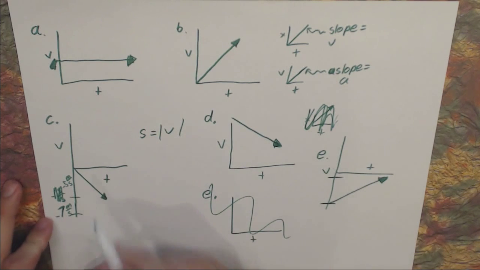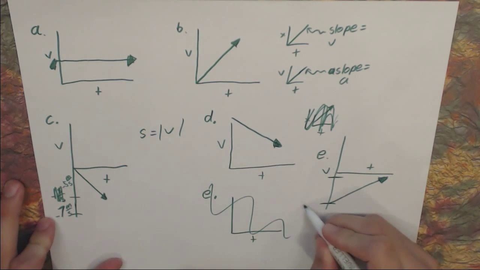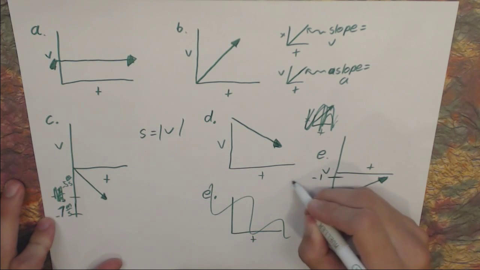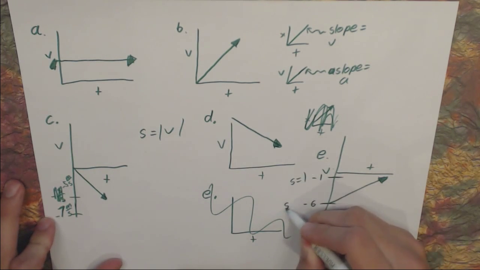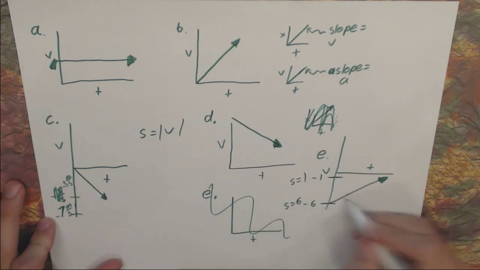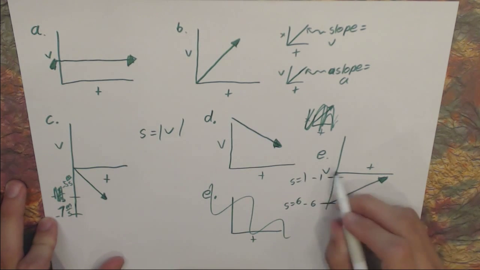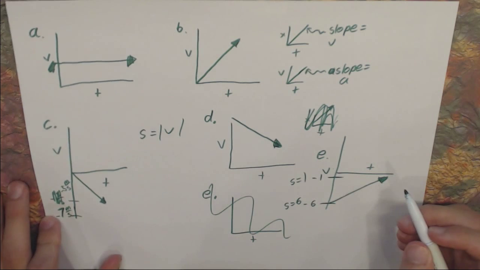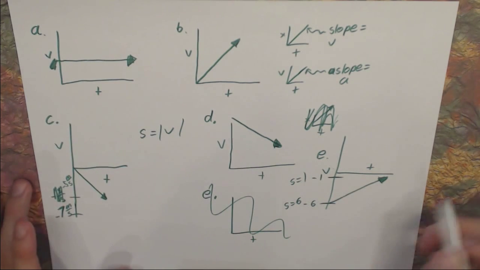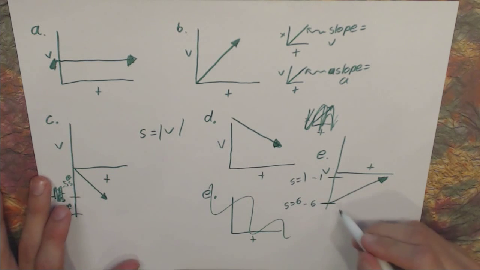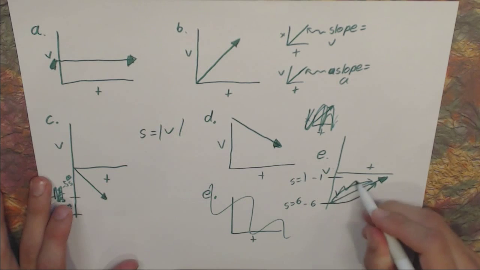Because as we said over here, speed is absolute value of velocity, so if this was like negative 6 and this was negative 1, the speed would be 1 or 6. So the speed has decreased from here to here, but the velocity has actually increased, but that's not what the problem's asking. And again, at a uniform rate means constant slope, so no squiggles like this or like this, none of that, just a straight line.